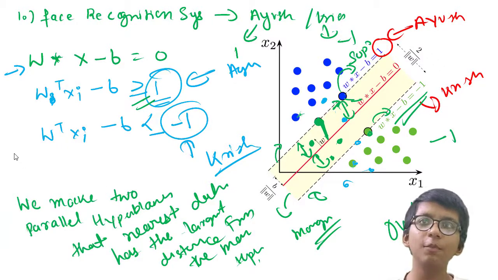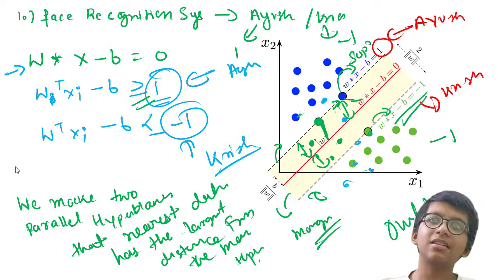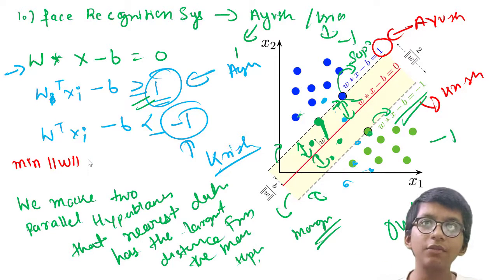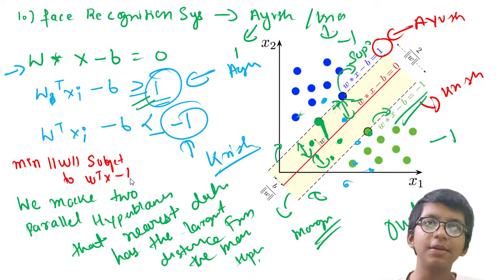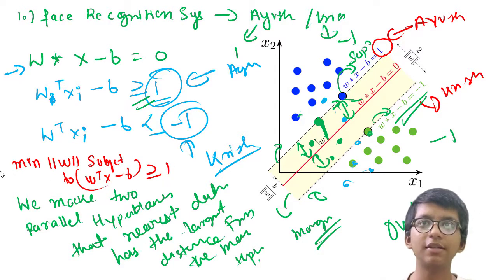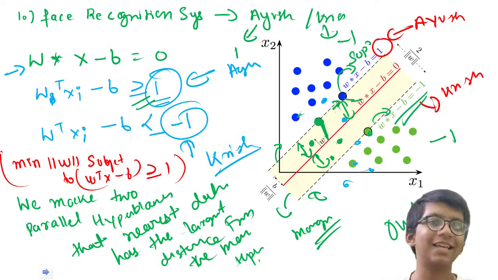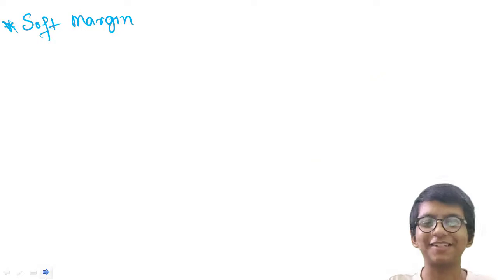We want to minimize the norm of W to maximize the margin, subject to W transpose X minus B greater than or equal to 1. Obviously we want to minimize to get good predictions for the training set, but I don't know what will happen in a testing set.